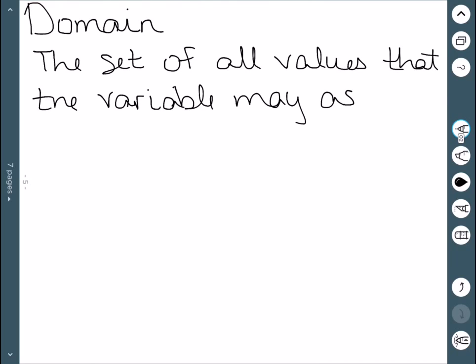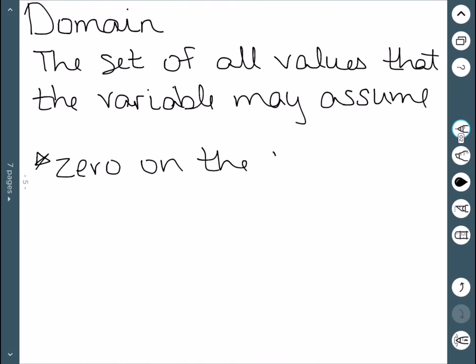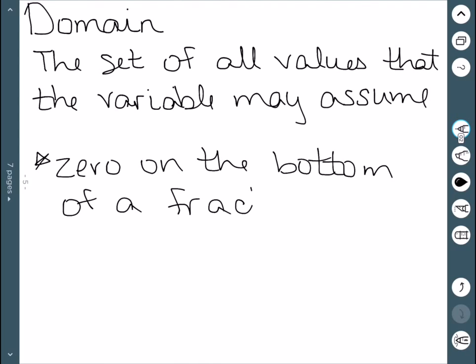And there could be all kinds of restrictions on variables. One of the big ones to watch out for is 0 on the bottom of a fraction. There are other things to watch out for, but this is kind of the most obvious one that we should watch out for.